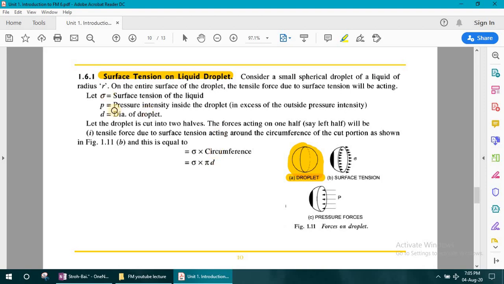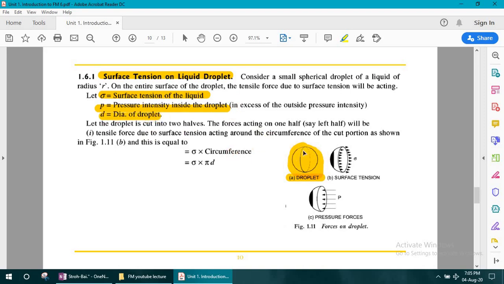Let us consider that here sigma is the surface tension of the liquid. So on this liquid droplet, sigma is the surface tension. P is the pressure intensity inside the droplet, and D is the diameter of the droplet.